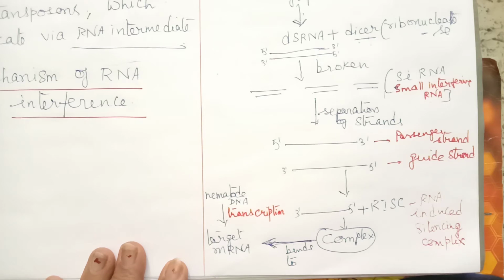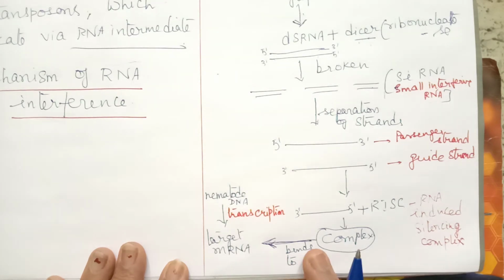I told you target mRNA is produced by the nematode by transcription process. So when this target mRNA binds to the complex, it becomes double-stranded and loses its function. And thus, this mRNA is made non-functional.